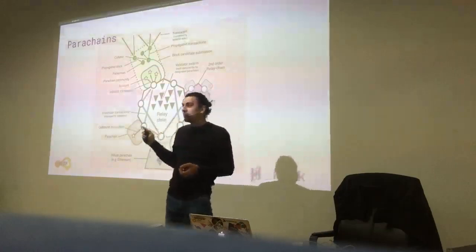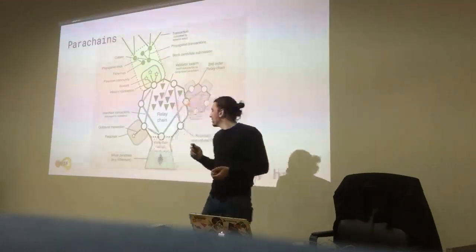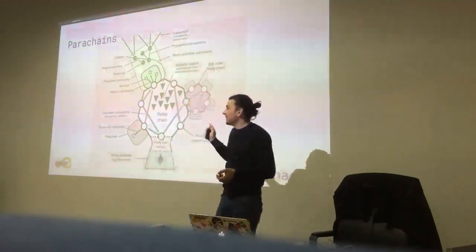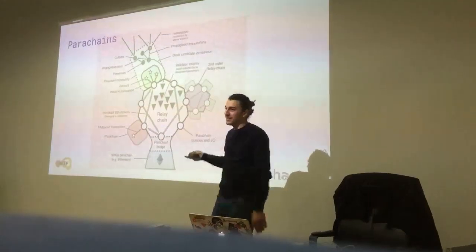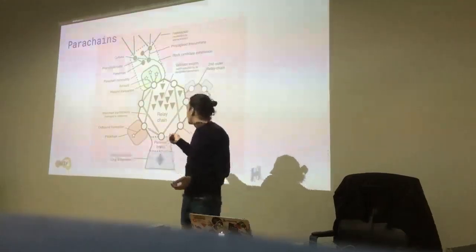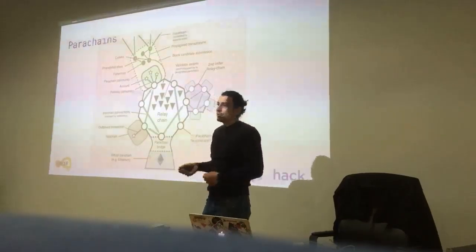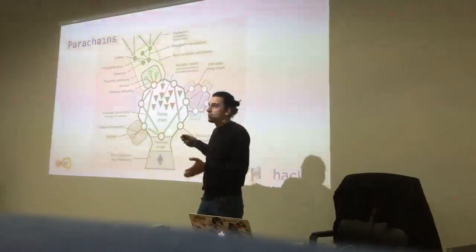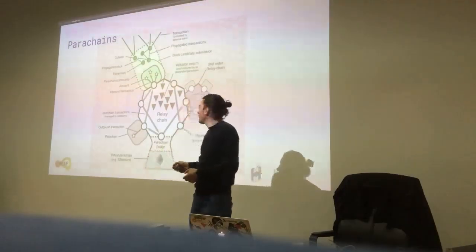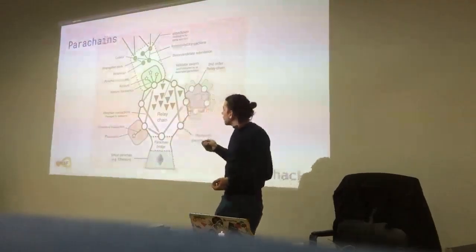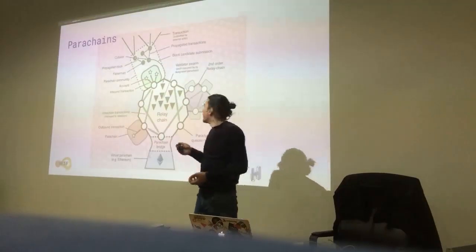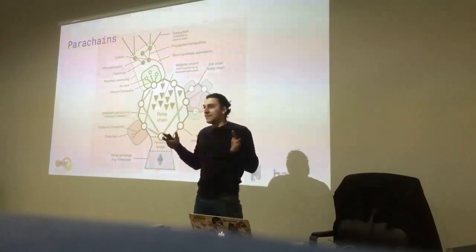I mentioned them at some meetups before, and I will briefly mention them again. If you don't want to use the relay chain as your validator and as your security provider, you can define your own security in your parachain, and it becomes an independent blockchain.